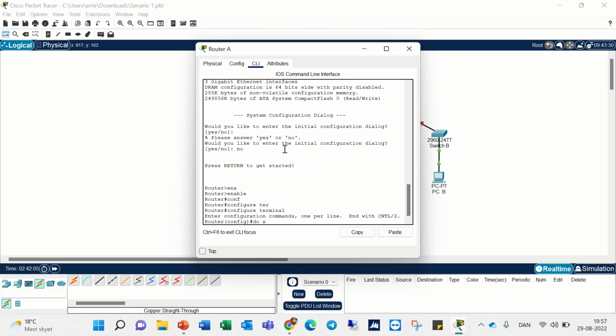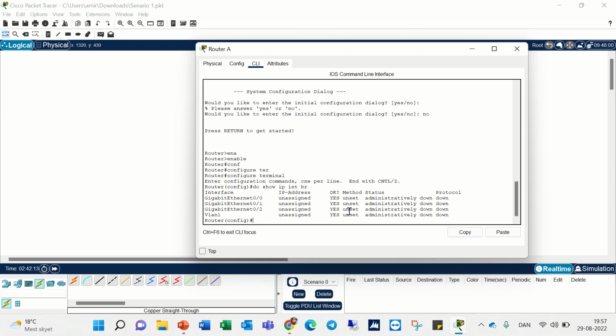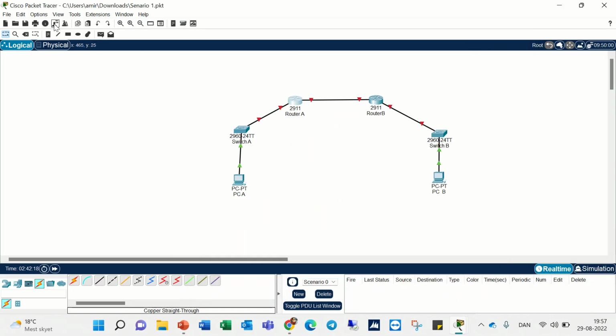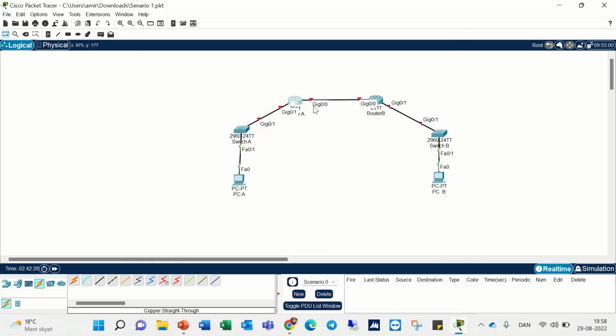But what is the name of the interface here? I should go to options, preferences, always show port labels, and you can see this is G0/0 for router A.